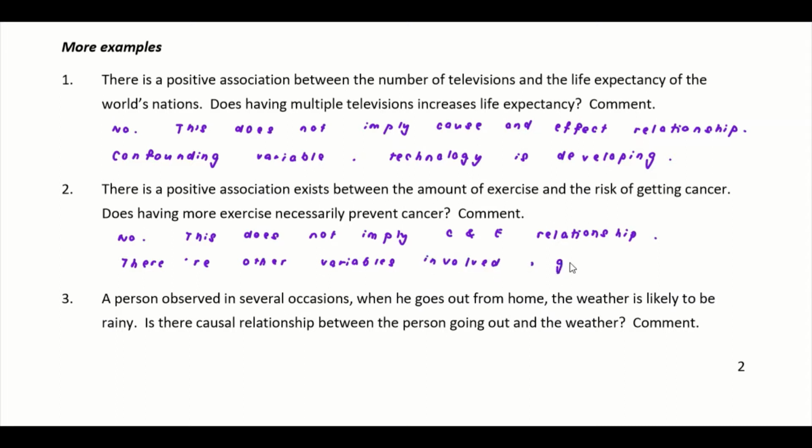If your previous generation had a gene of cancer, stuff like that, then maybe it's because of your diet and so on. So the amount of exercise is not the only factor that is going to cause whether you get cancer or not. I think this is pretty obvious.